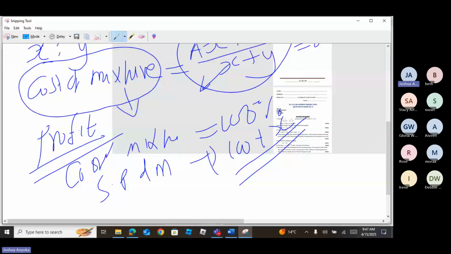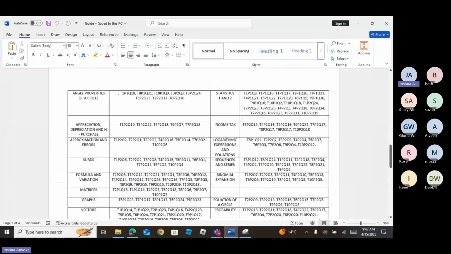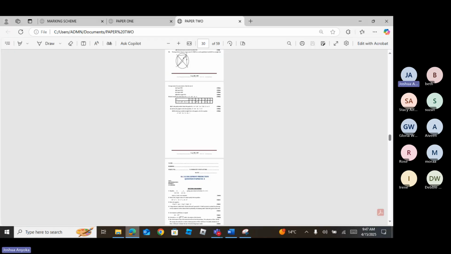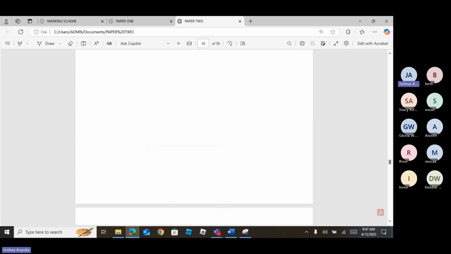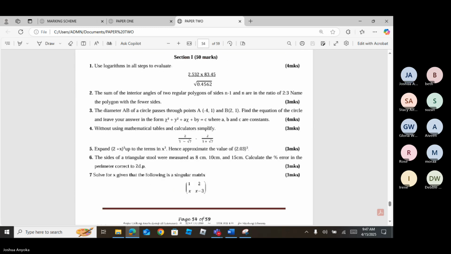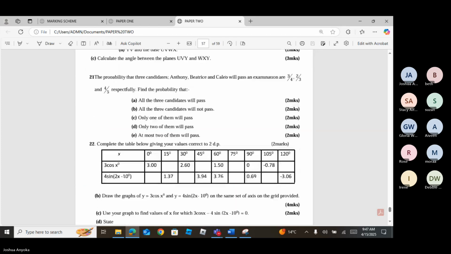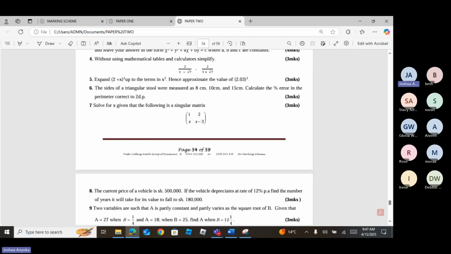One question on mixtures. It is trial 10, paper 2, question 7. What?